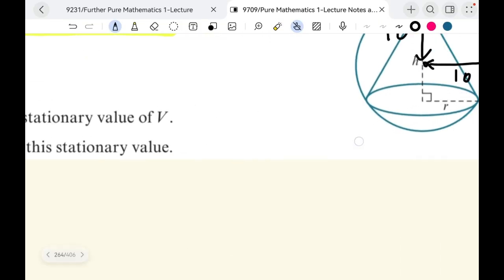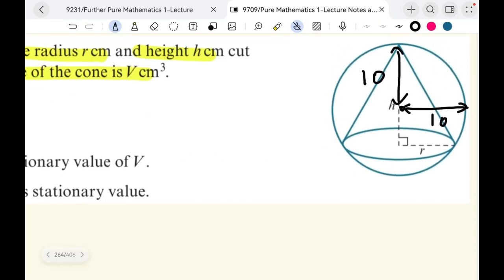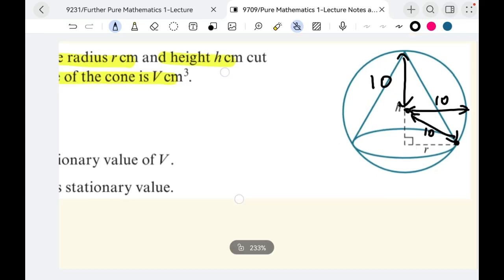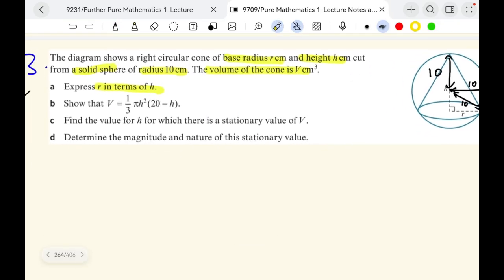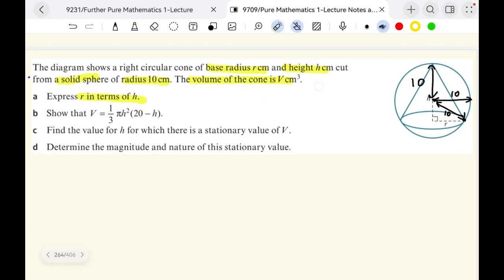And don't forget that the distance between this point and this vertex is also 10, because the radius is constant for the sphere, where the cone is taken away from the solid sphere. So we can relate like this.